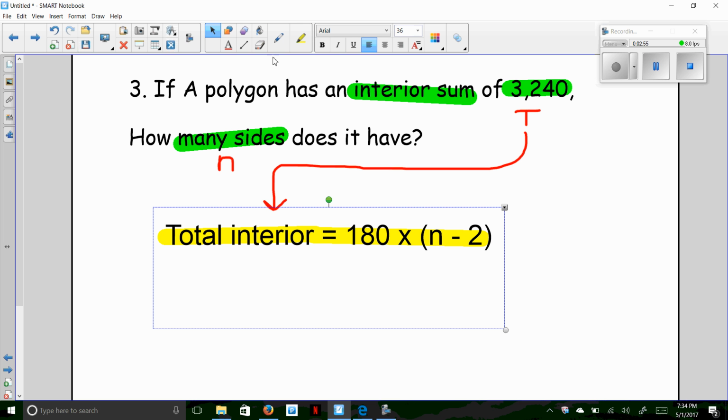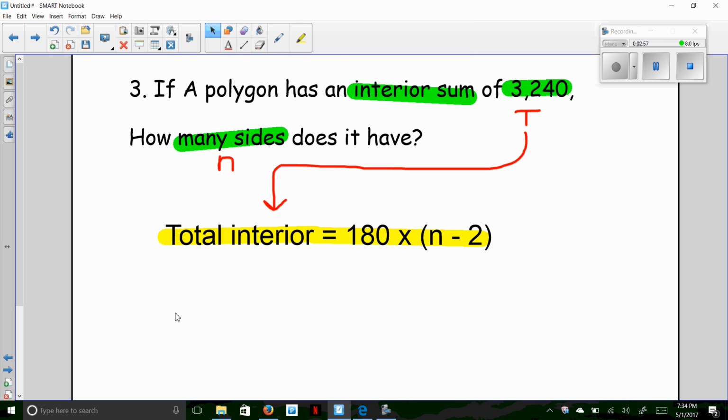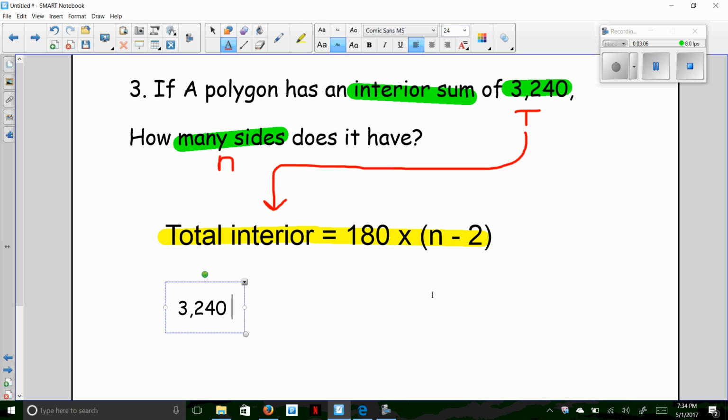So our equation will look like 3,240 equals 180 times n minus 2. I'm going to butt these up next to each other and not put the x in there.